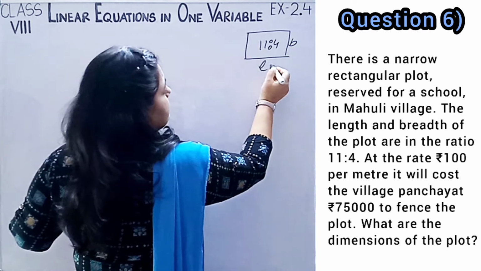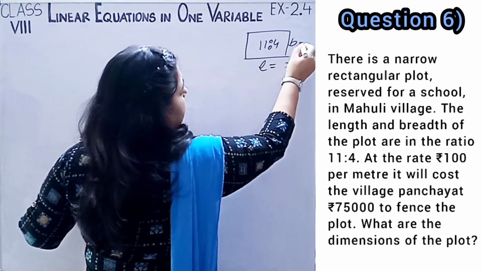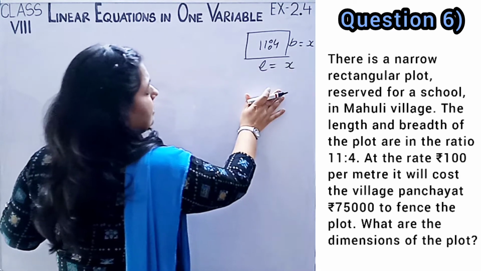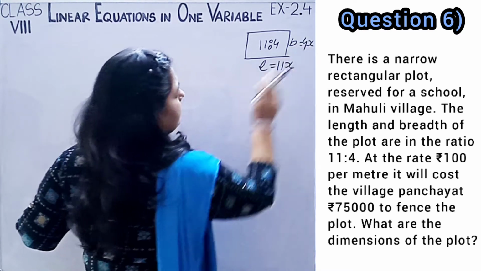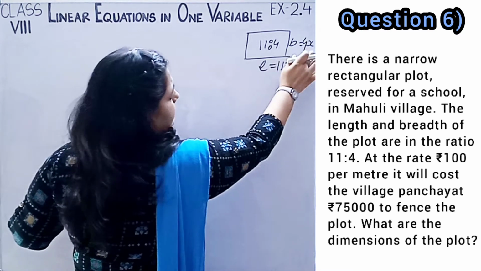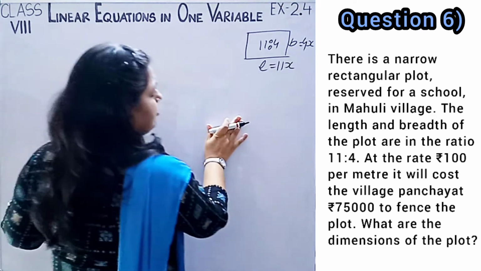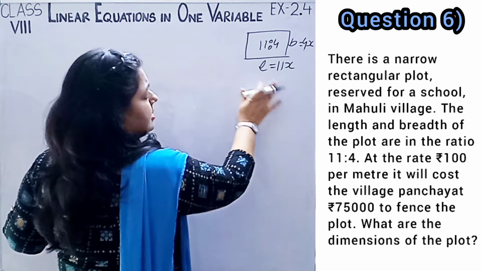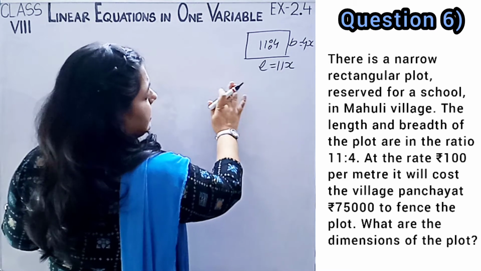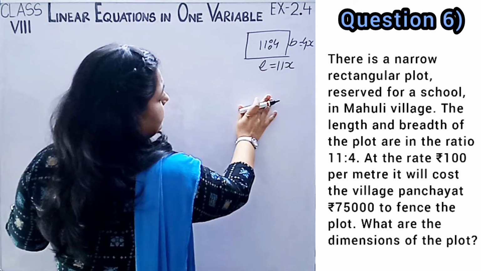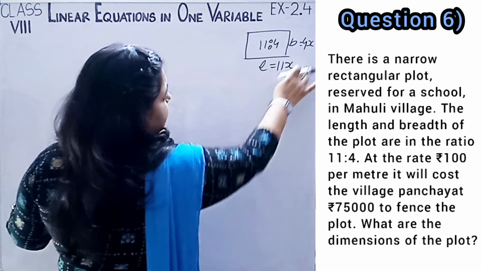So this is x, this is common, and the ratio is 11 and 4, so 11x and 4x. Now we have to find out the dimensions, which means L and B. So the length and breadth of the rectangular plot are 11x and 4x respectively.